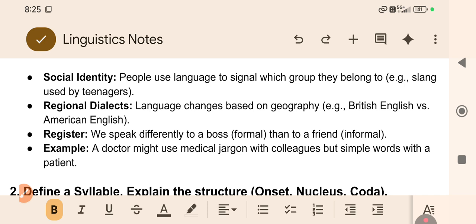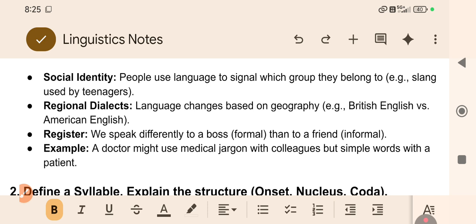So that is social identity. College goers speak differently, their opinion must be different. But senior ladies or professors, their thinking process, age factor, knowledge, and everything will be different. That is called social identity.